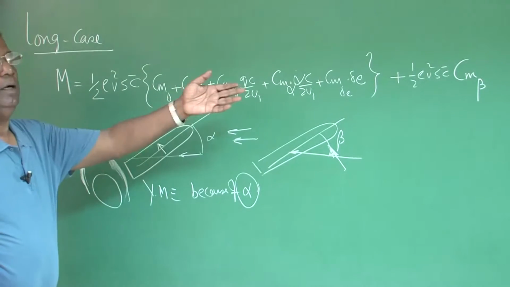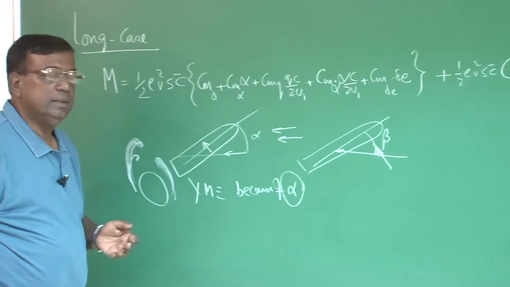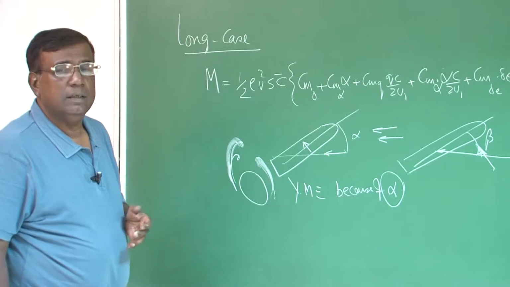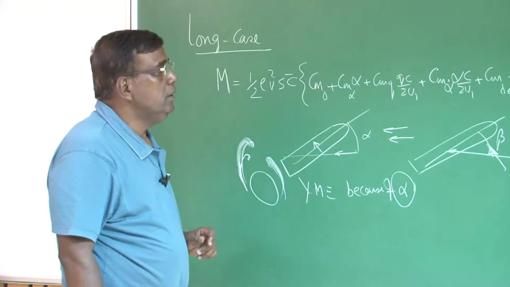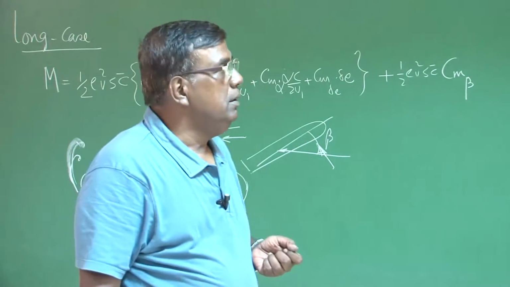So, there is a coupling now. You could see there is a coupling between directional and longitudinal cases. Similarly, there will be terms which are dependent on the rates, on the history of how the flow has built up, because of high oscillations. So, whole of this aerodynamic model becomes highly nonlinear.